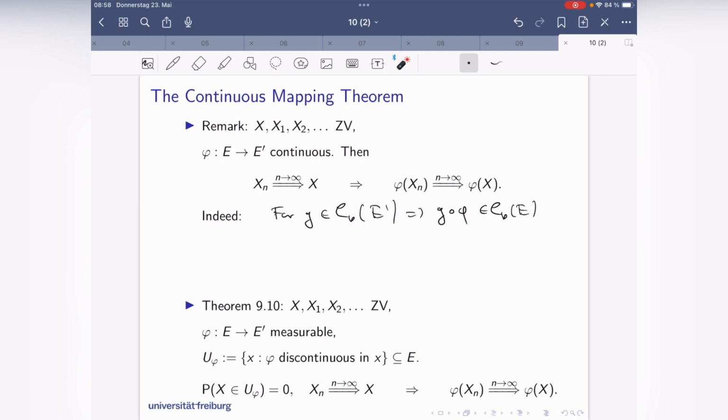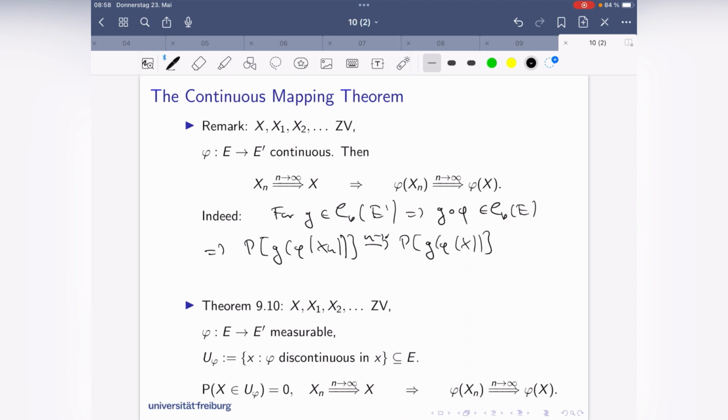And that means that the integral of G of phi of xn converges as n goes to infinity to the integral of G of phi of x. And that means phi of xn converges weakly to phi of x by definition.